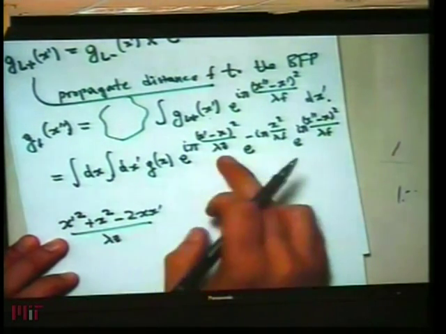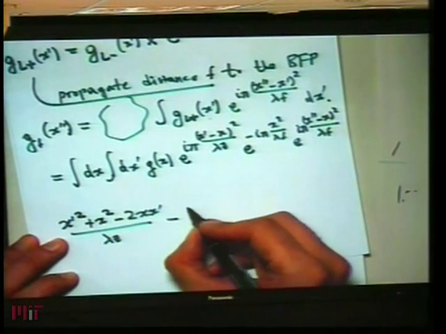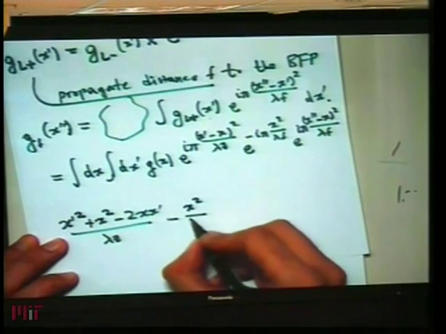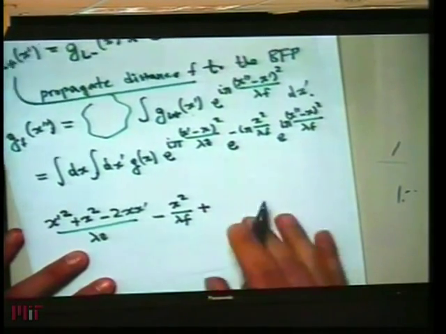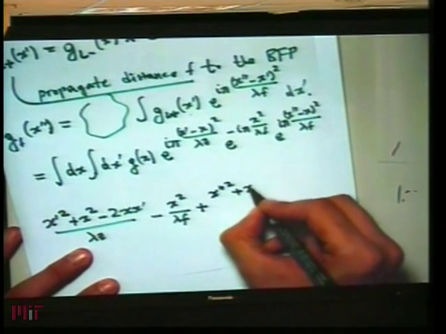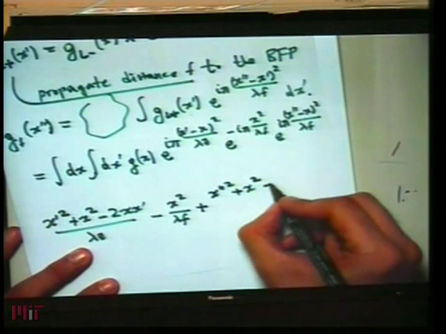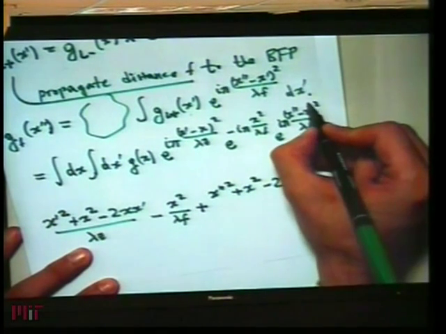This came from this term over here. Then I have minus x square over lambda f. And then I have plus, and I think I missed a prime here.